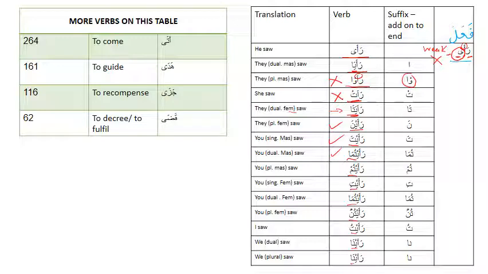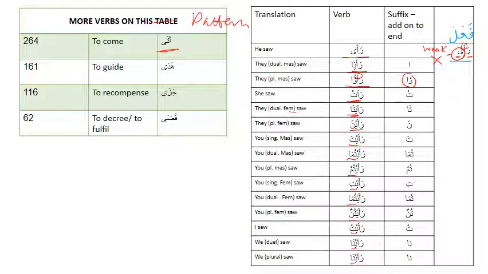The ya comes back. There is wisdom behind why we take off the ya in these two and keep it for the rest, because there are some advanced Arabic grammar rules in play. But for now, if we just memorize the pattern, we should be fine. Same thing with ra'a, ata is the same pattern. So it would be like this.